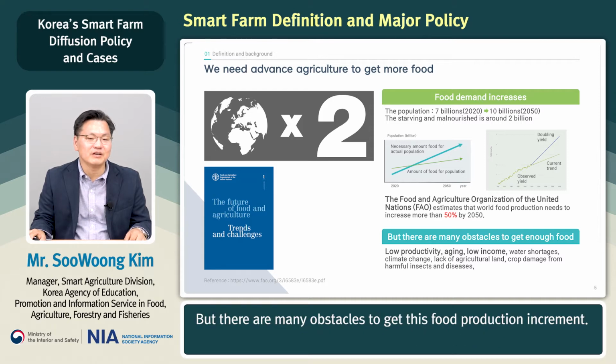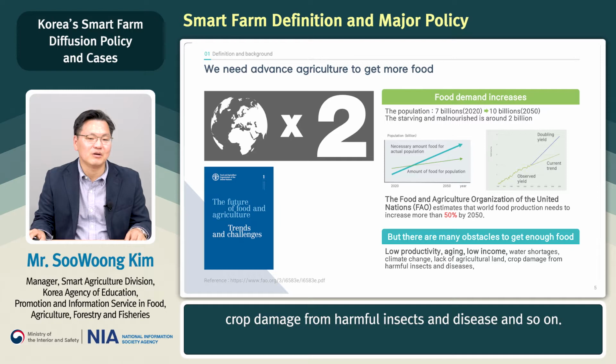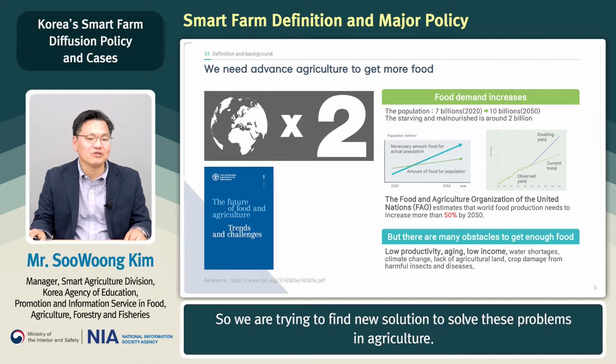But there are many obstacles to this food production increase. We have low productivity, aging farmers, low income, climate change, water shortage, lack of agricultural land, crop damage from harmful insects and disease, and so on. So we are trying to find a new solution to solve these problems.